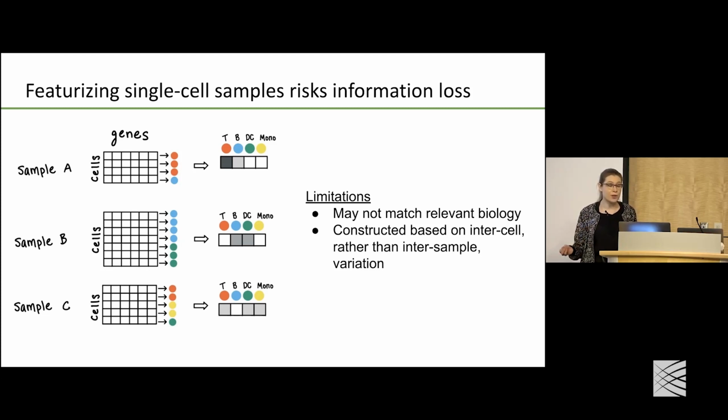But it's possible that in each one of our samples, we have approximately the same fraction of cells that are in each stage of the cell cycle. In other words, not only does clustering not guarantee that we will capture the cell states that are most relevant to, say, our case control contrast, it also doesn't even guarantee that any of our clusters will meaningfully vary across the total set of samples in our data set.